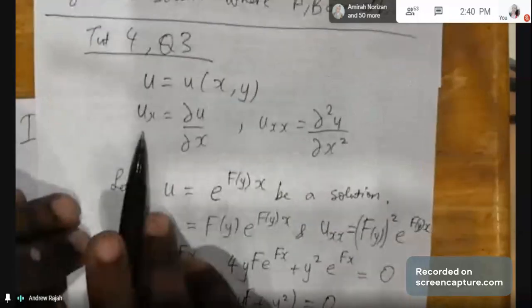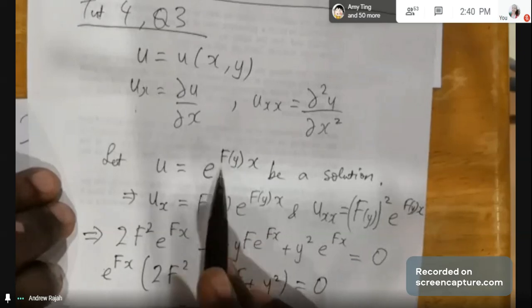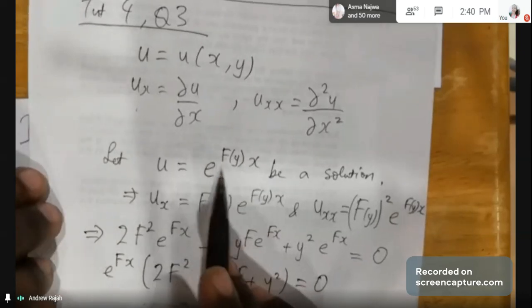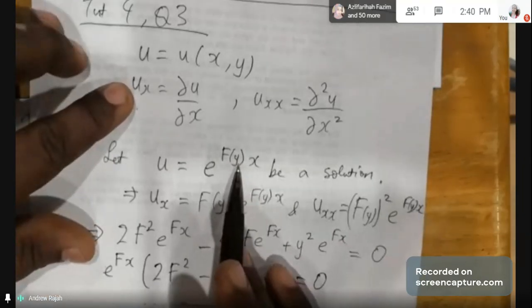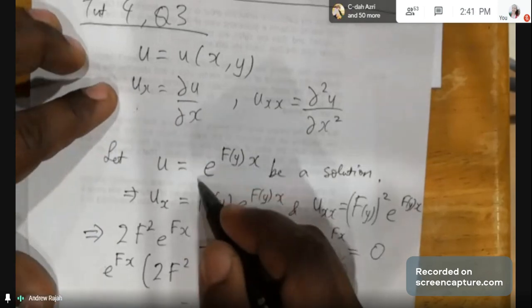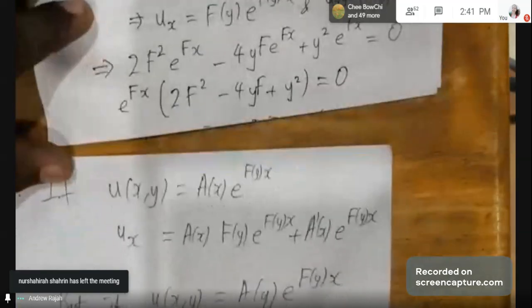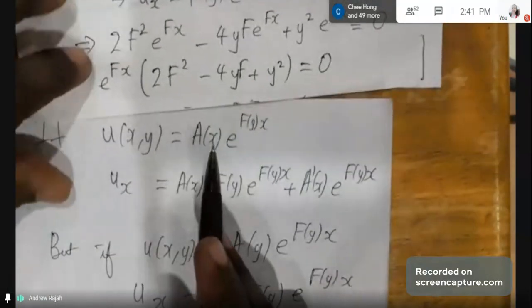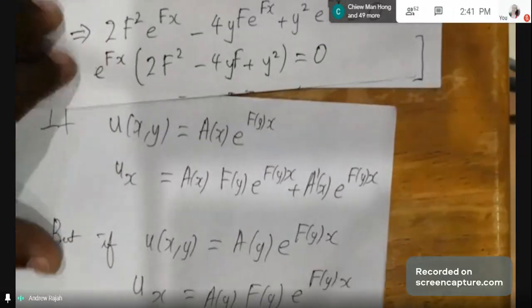But here, when you find del u del x, you need arbitrary functions in y, not functions in x. Functions in y only are treated as constants; functions in x are not. If I put A(y) here, it is treated as a constant, but if I put A(x), it won't be.